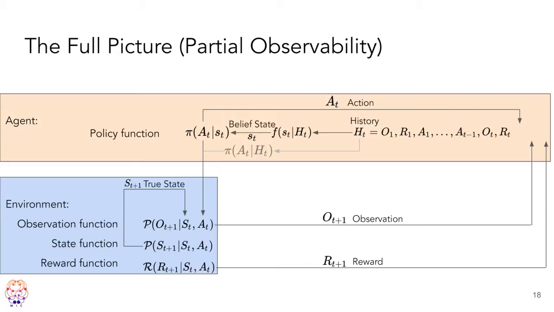And each time the agent acts on the environment, we produce a new observation and a new reward, we append that to the history, and then the agent has to make sense of that again. And so we have this loop, and here are where all of the variables fit in. So, any questions so far?